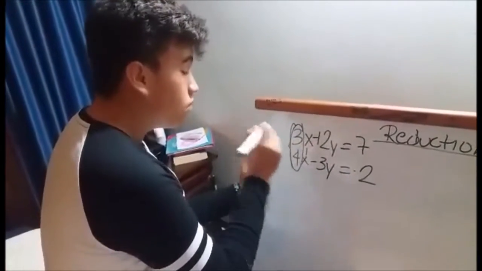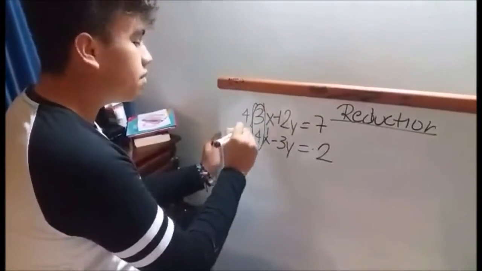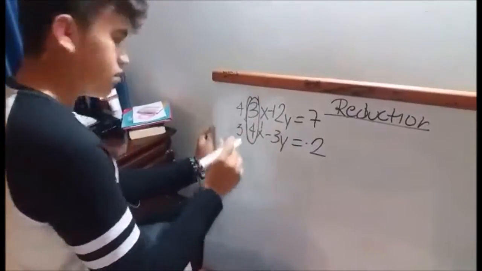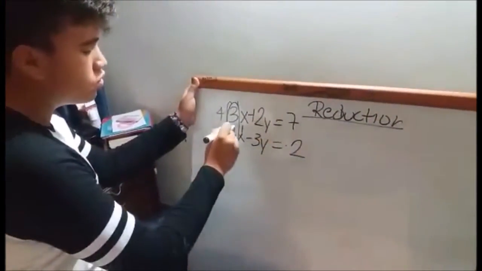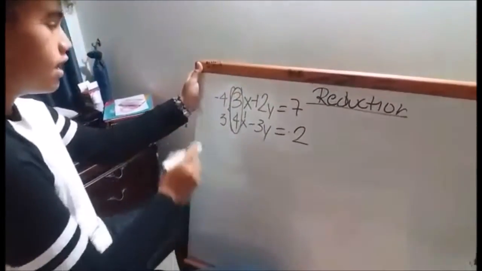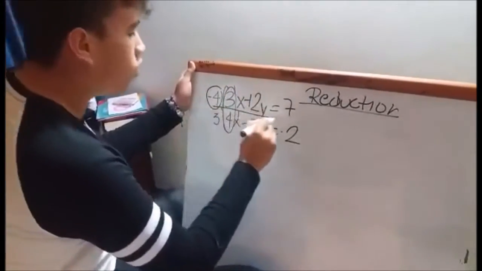The least common multiple of 3 is 4 and of 4 is 3. Then I need a difference between these two numbers, so I add a minus. Then I use this number and multiply the whole equation.